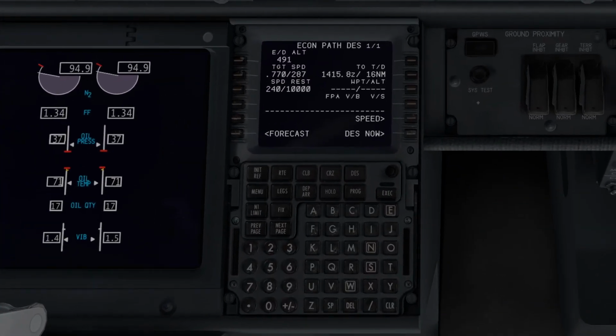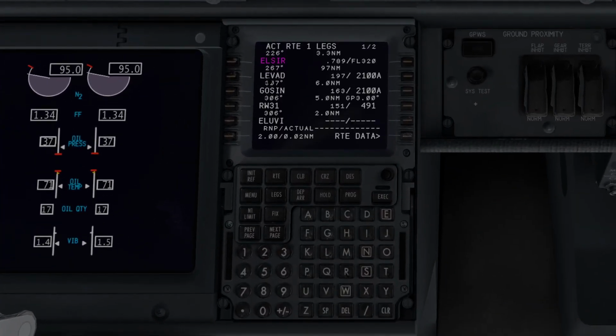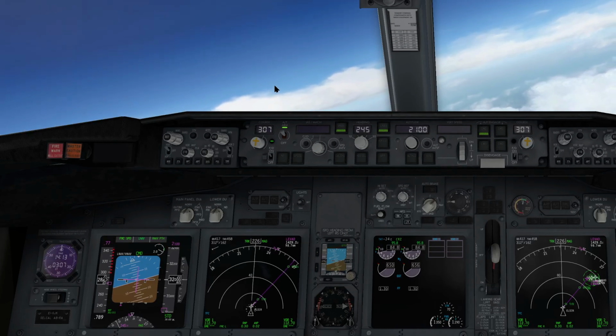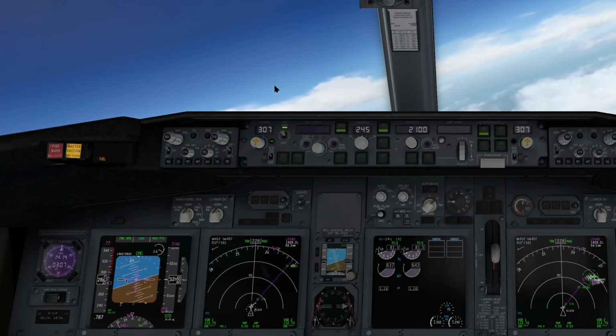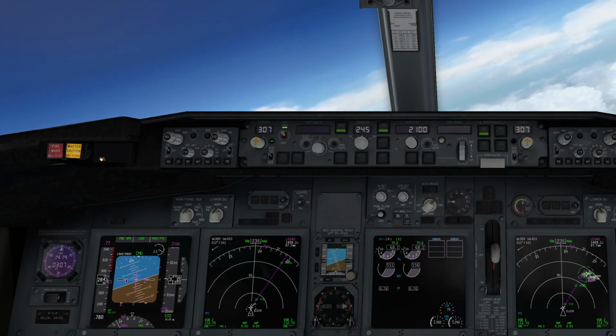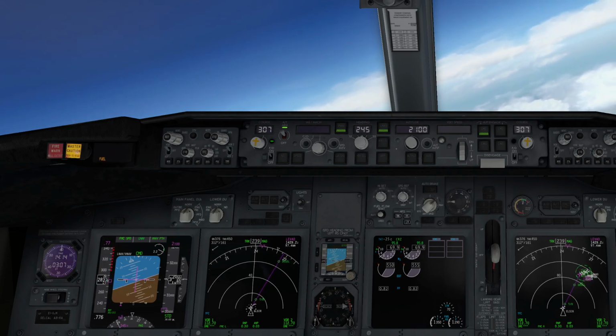So the next waypoint after Elseer will be Levad, and then goes in. We're just turning to Levad, Lima Echo, Victor Alpha Delta, and then we align with the runway. Now in the turn we have the fuel light on, but we still have 70 kilos.